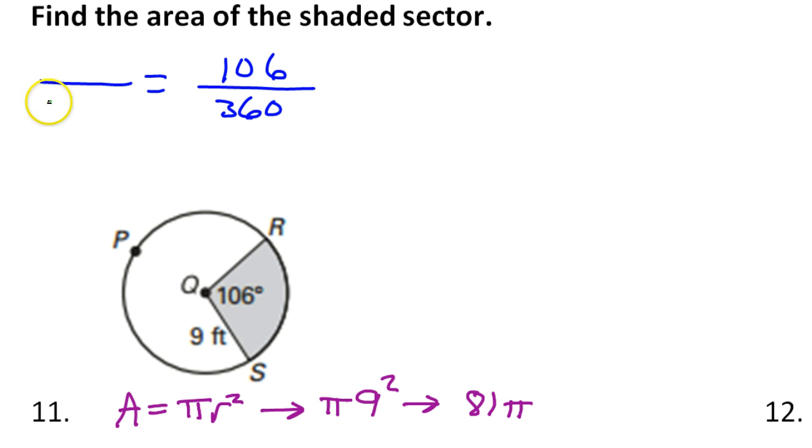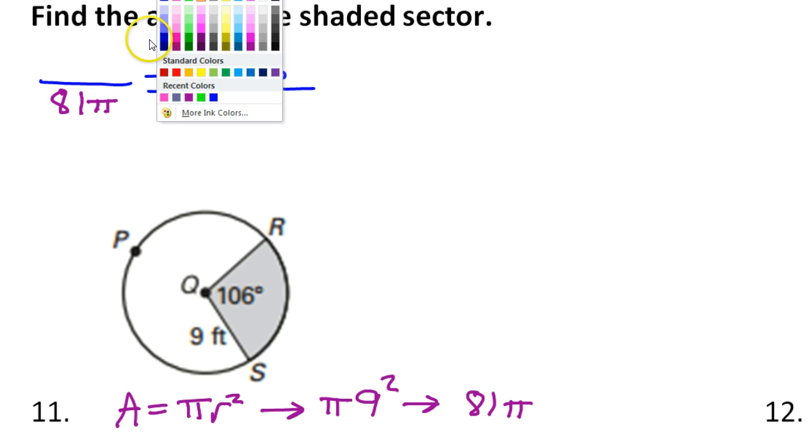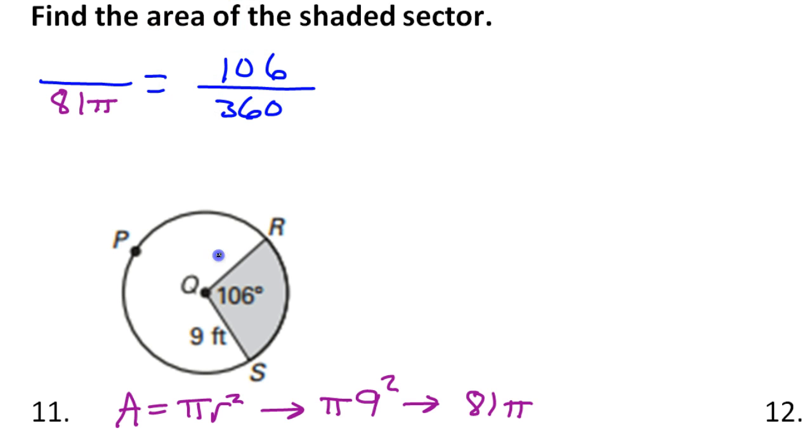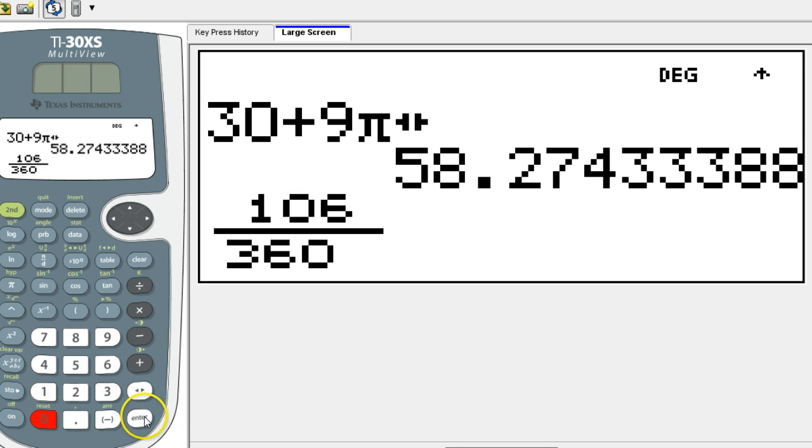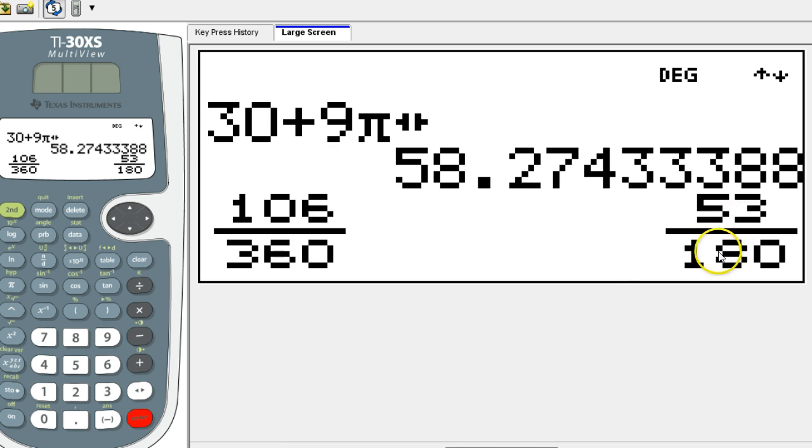So when we do part over whole area, the whole area of the circle goes right here. Now up in the top, that's the thing that we are looking for, the partial area. So that's the unknown. 106 divided by 360 is 53 over 180.